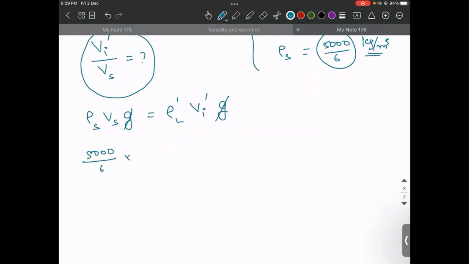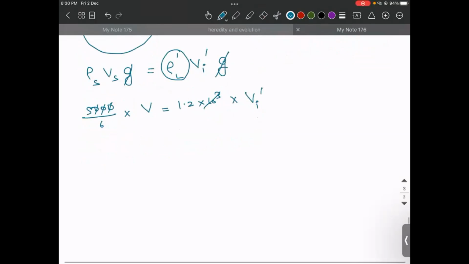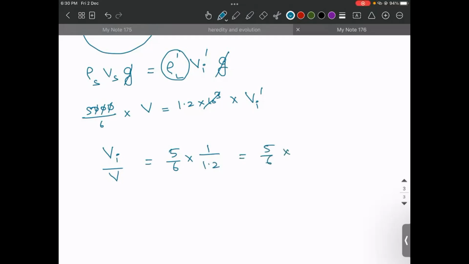If the volume of the solid is V, this will be equal to the density of the new liquid, which is going to be 1200, sorry, 1,200. Because it is 1.2 into 10 power 3, into volume of the immersed portion dash. So 0, 0, 0 will get cancelled. So what is going to be the volume of immersed portion divided by volume? It is going to be 5 by 6 into 1 divided by 1.2, or 5 by 6 into 10 divided by 12.